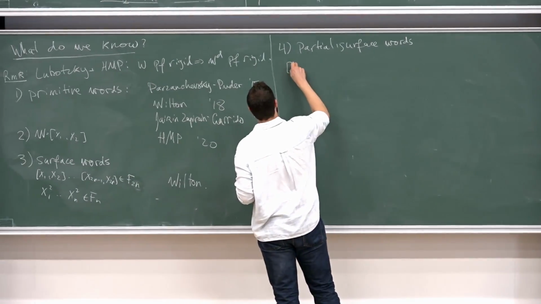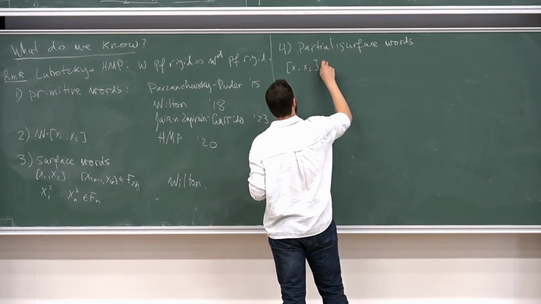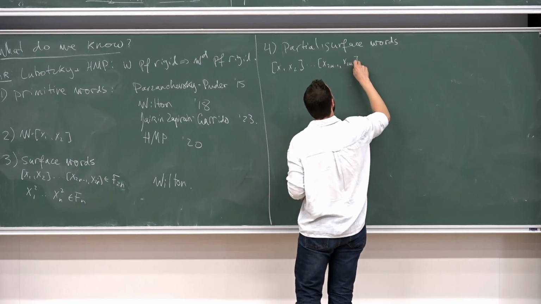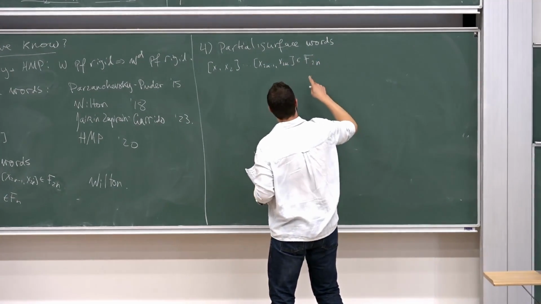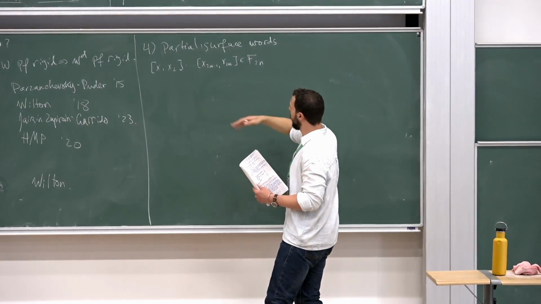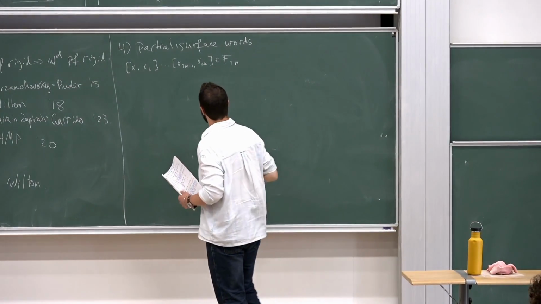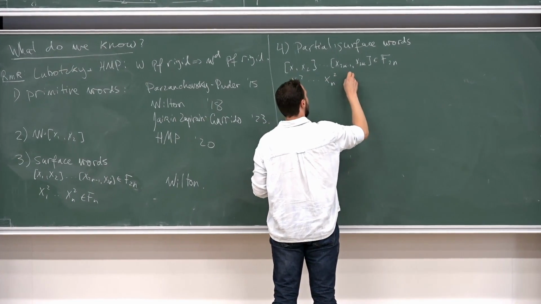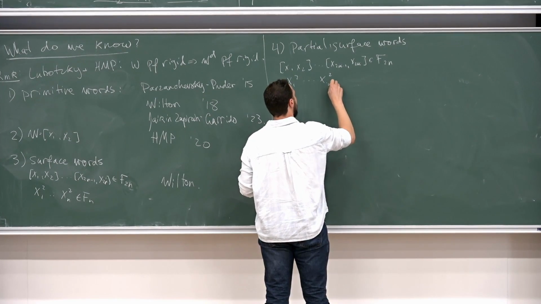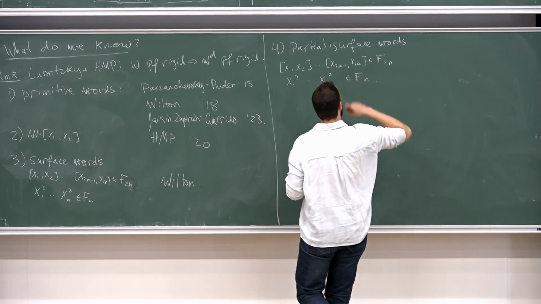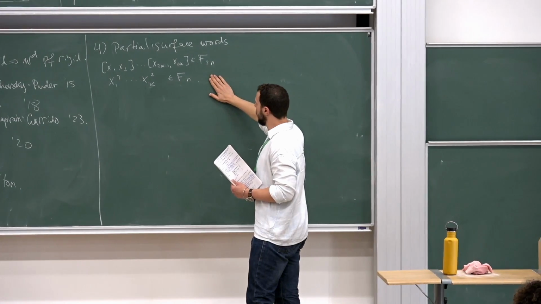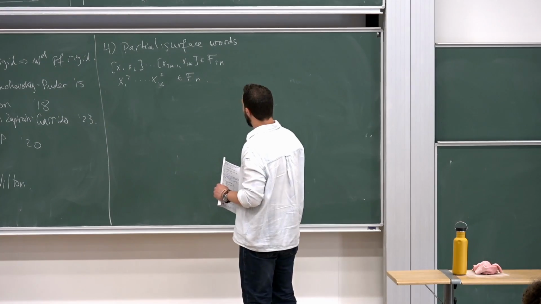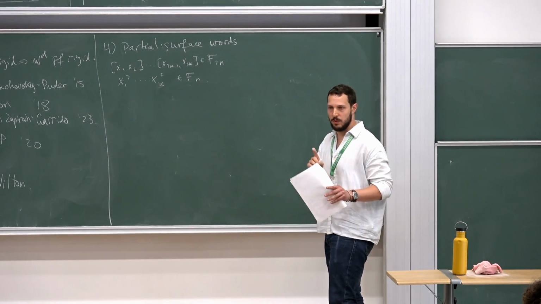So either a word of the form the product of commutators of some basis elements, but here the rank of the free group doesn't necessarily have to match this, so we leave some extra room in the free group, or the product of squares, again inside a bigger free group. And I should also say that this also follows from the results of Andrei, Pavel, and Enrique that were mentioned earlier this week. And I think that every profinite corollary that I will mention today also follows from their work.